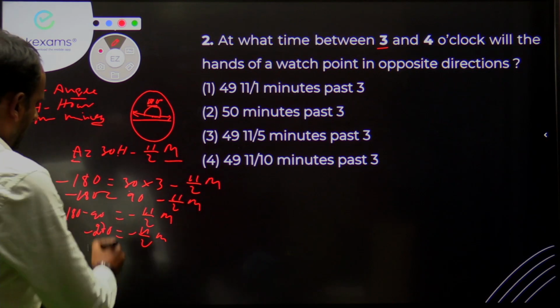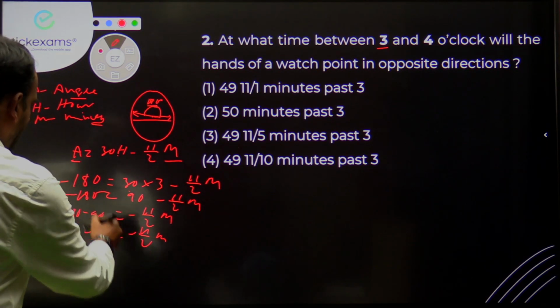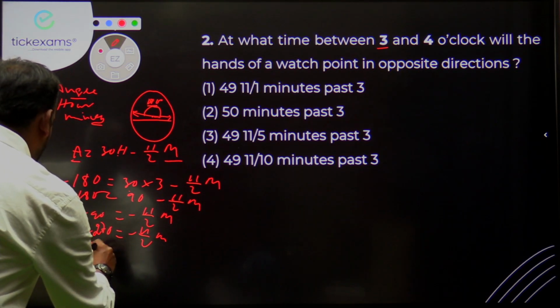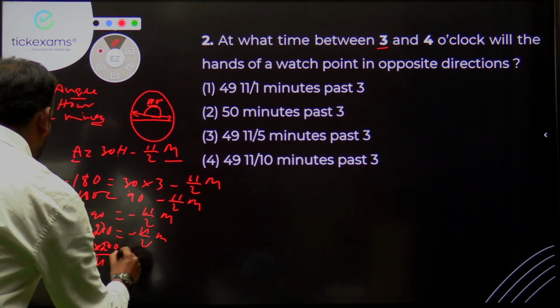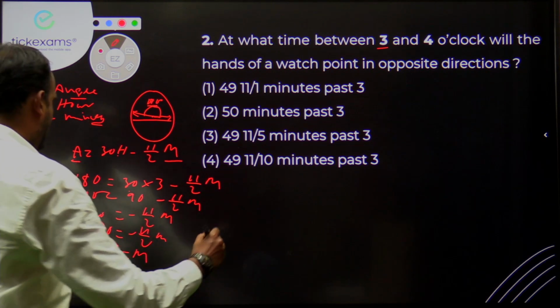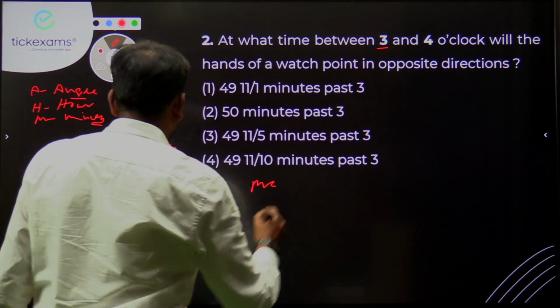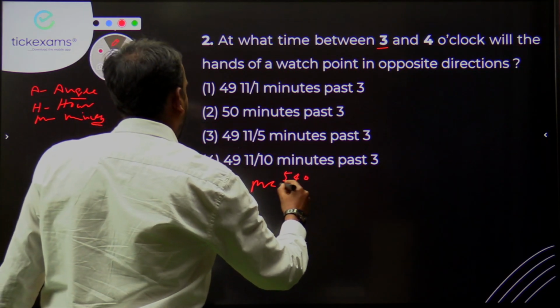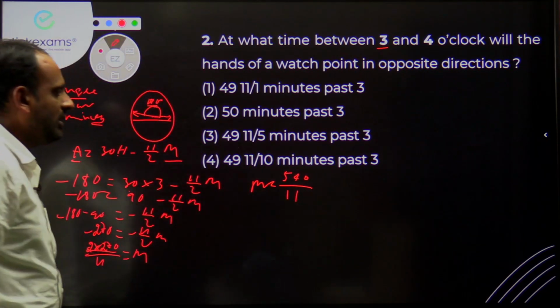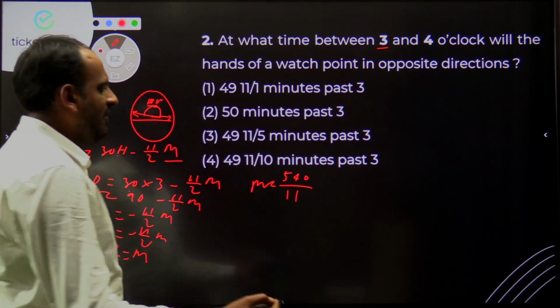Now the negative signs cancel. Moving this to the other side, it will be 2 into 270 divided by 11 is equal to m, or m is equal to 540 by 11.